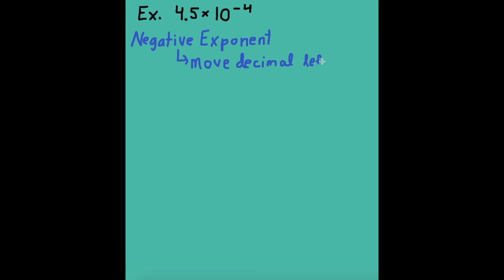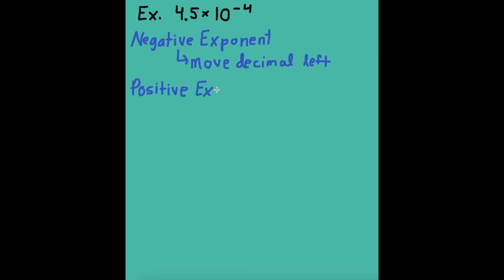Let's try an example where we start off with a number in scientific notation. Let's say we have the number 4.5 times 10 to the negative 4th power. How do we convert this to a regular number? When you have a negative exponent, you move the decimal to the left.